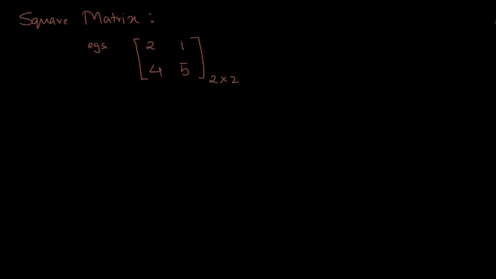Now, within a square matrix, there is a special type of matrix called a diagonal matrix. Let's consider an example, a 3 by 3 matrix. A diagonal matrix is a matrix where the non-diagonal elements are 0 and the leading diagonal elements are all non-zero.